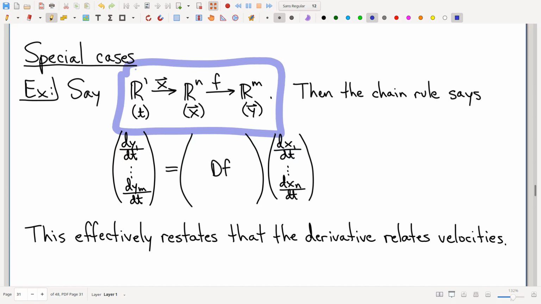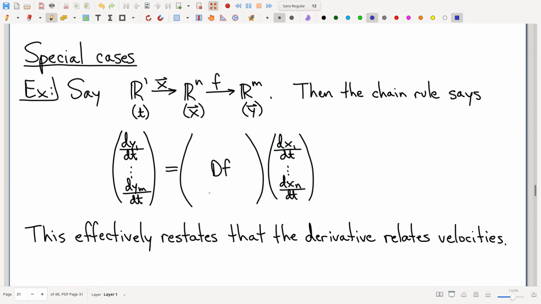What's interesting about this composition is that there is one initial input variable. And what happens when you have just the one initial input variable? Well, a couple things happen. For one thing, since there's only one input, I could think of this one input as being time.